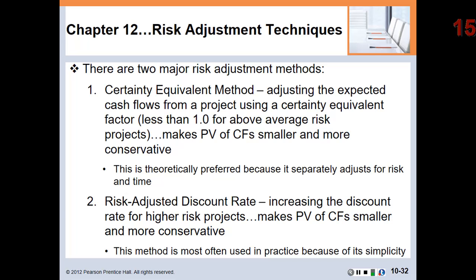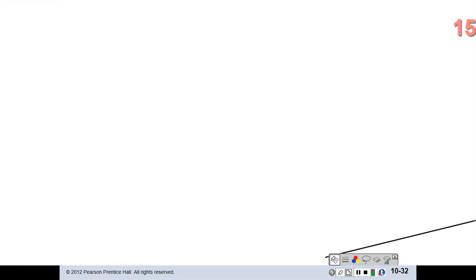Now, it's pretty simple. If we, for example, let's say, we expect to have a $100, if this is working, okay, here we go. So if we expect to have a $100 cash flow come in from the sale of our computers, and we want to use a certainty equivalent factor of 0.7, that means we're going to make this cash inflow smaller, more conservative.